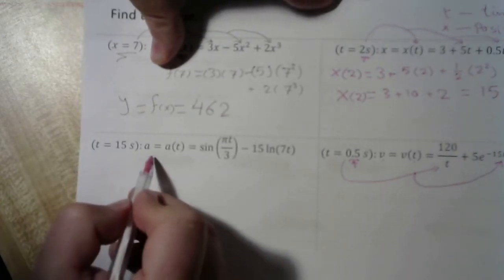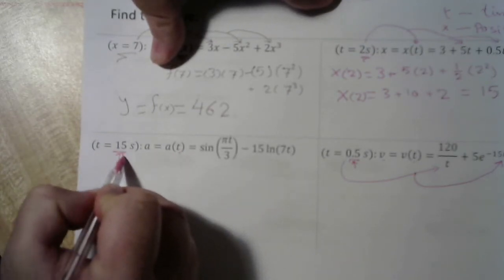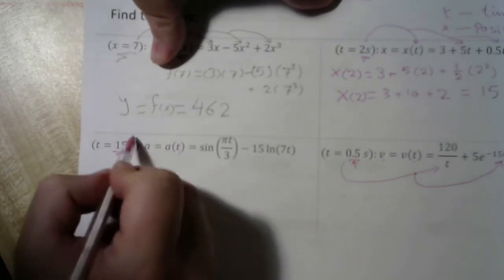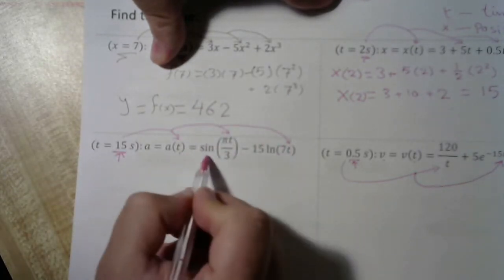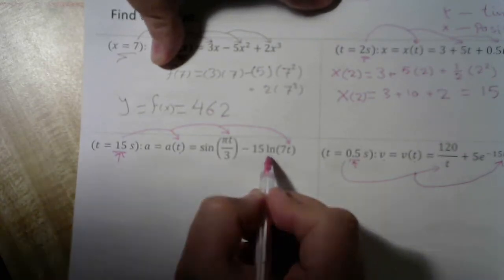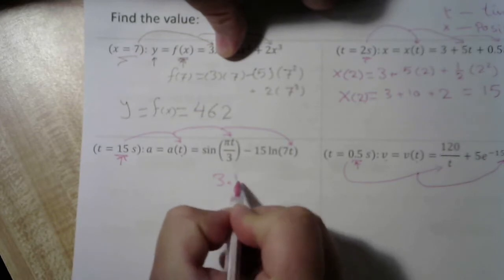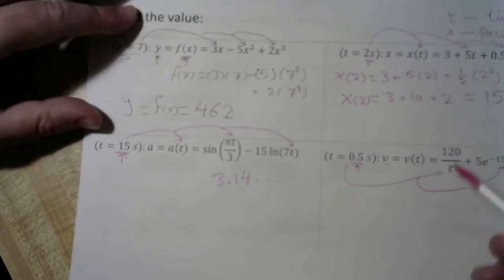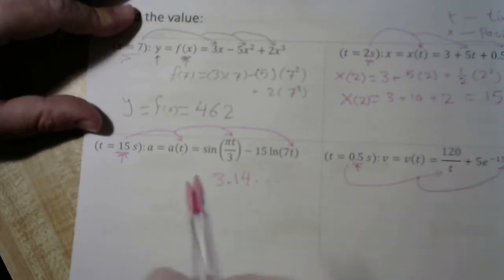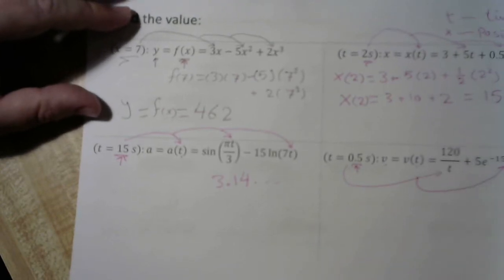Also, I can compute the acceleration at t equal 15. Just I need to put 15 in t each time. This is sine. This is ln or ln. This is pi. Pi in this case is 3.4, something like that. I think it is easy to substitute the value of the time in each function. Now I will move to the next part.